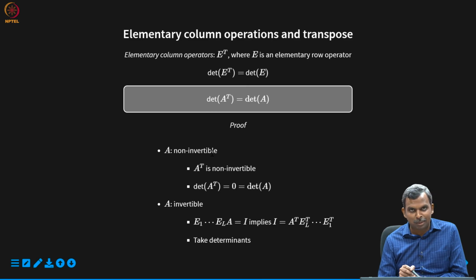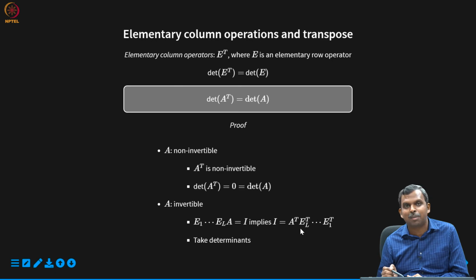If A is non-invertible, then A transpose is also non-invertible. We have seen this proof, right? Column space and row space have the same dimension, and determinant of A transpose and determinant of A are both 0. If A is invertible, then there is a sequence of row operations which take A to I, and you can do a transpose now, and you see there is a sequence of column operations which take A transpose to I. Now you take determinants, and you will see that 1 equals determinant of A transpose times all these determinants.